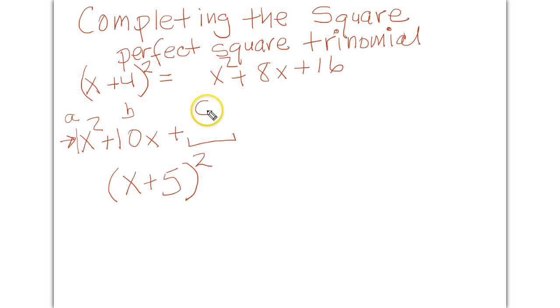So now how do we get our c term? Well, we take this, we said, and we square it. So out of the start of a trinomial, by using this process of completing the square, we have gotten to x plus 5, the quantity squared.